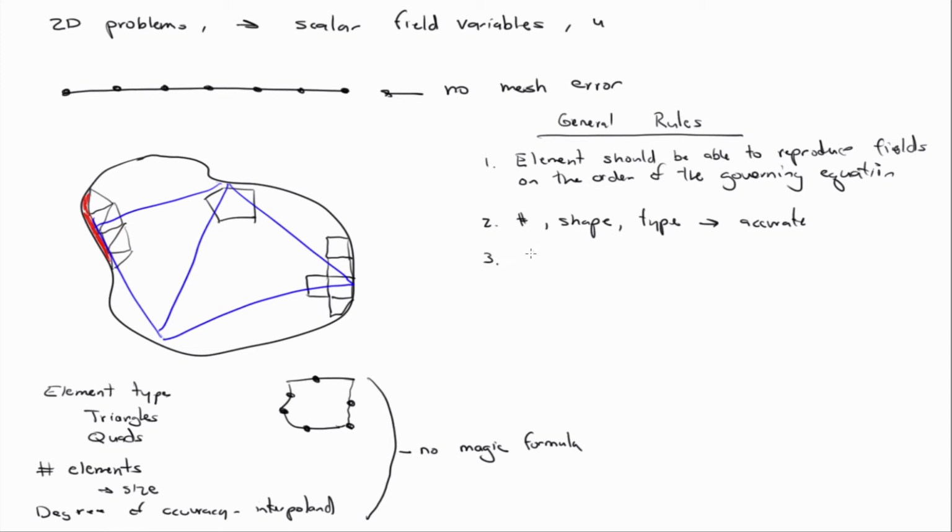So 3, the mesh density should cover areas with high gradients.